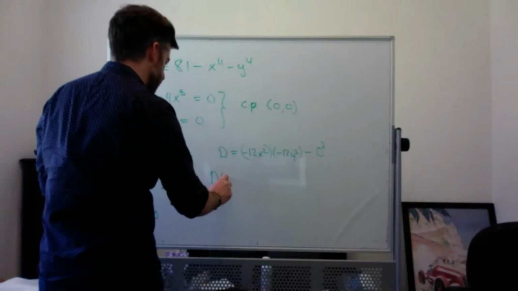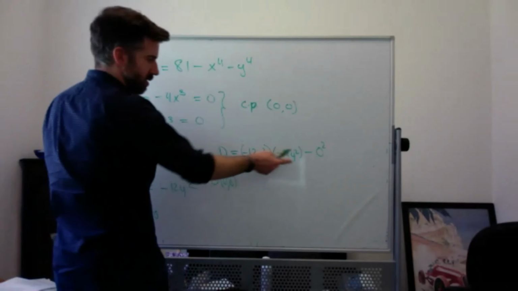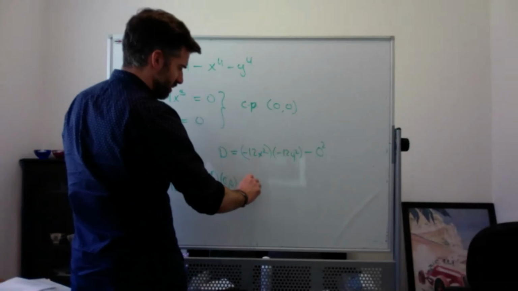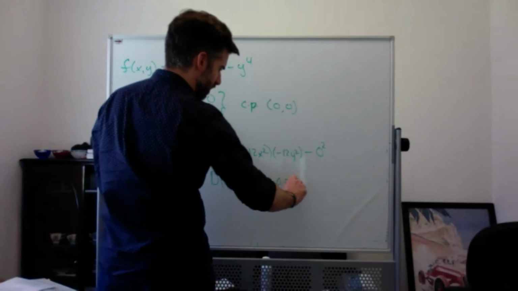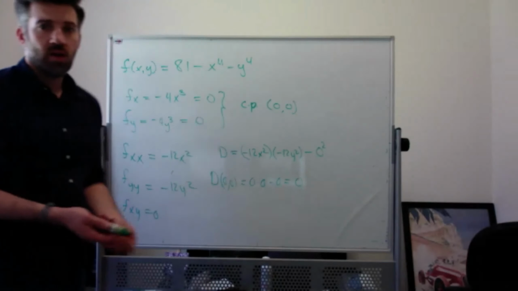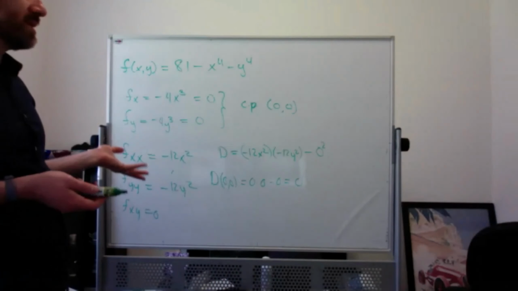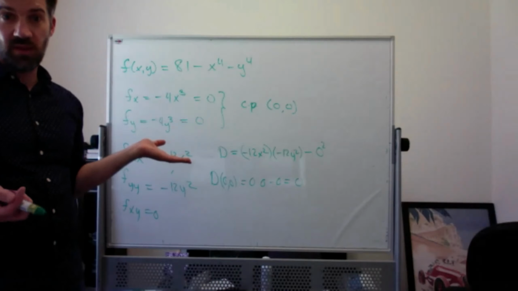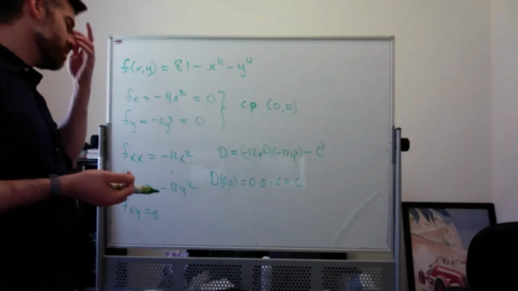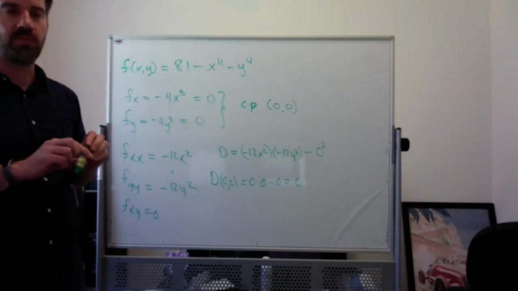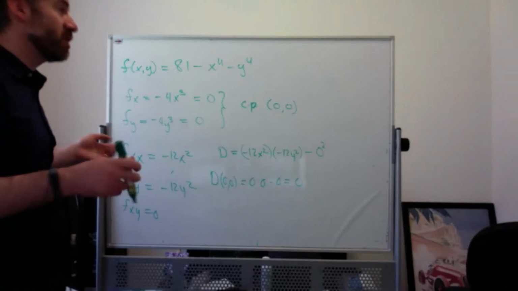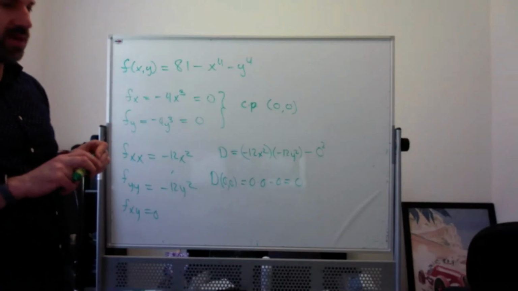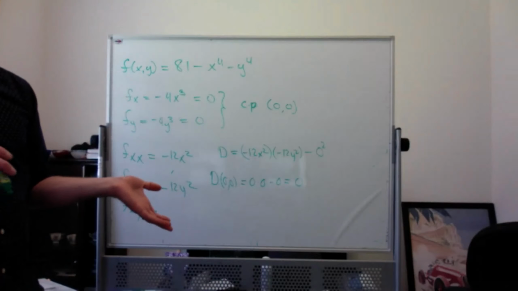I get exactly 0 times 0 minus 0, which is 0. So what this tells me is nothing. I don't know if I have a max, a min, or a saddle. So these kinds of questions usually require some sort of further inspection, but this one was designed to be knowable fairly easily.